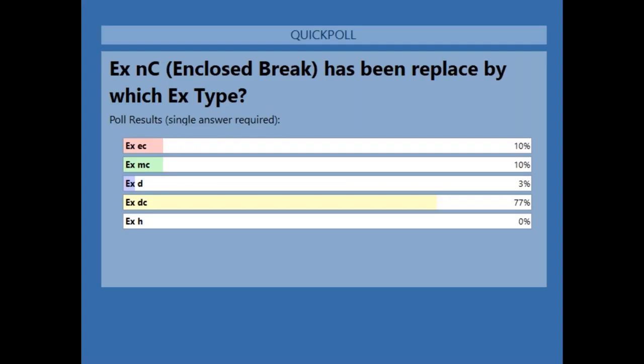Encapsulation, NC, has become MC. An enclosed break, which contains the explosion and allows it to go through the opening and sufficiently cool, like the body acting as a heat sink, is EXDC. 77% of you were correct.